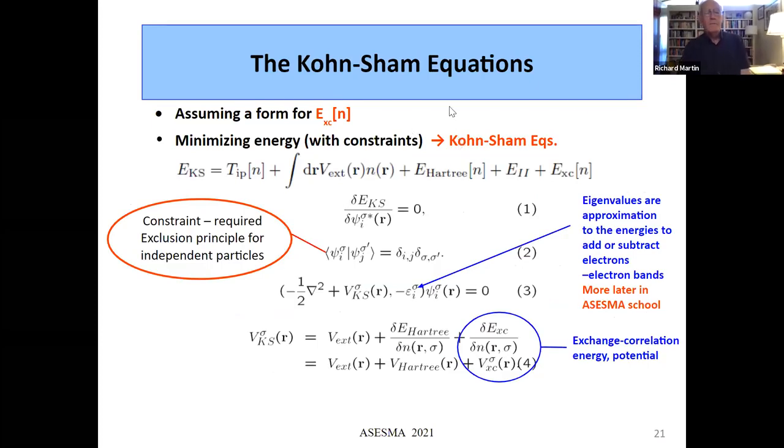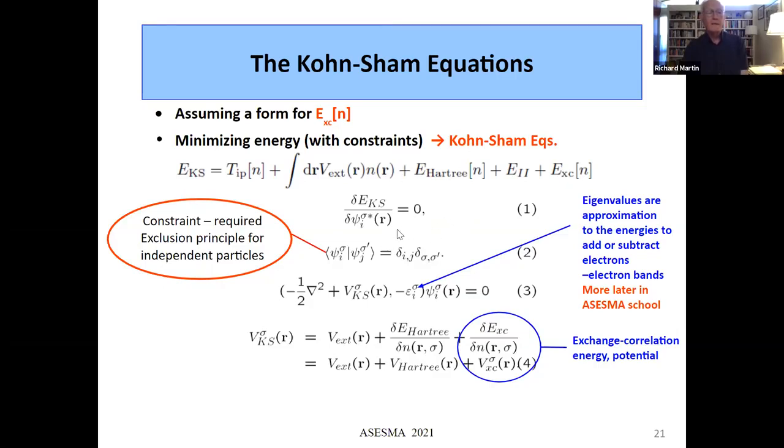And how do you actually deal with it? Since it was oriented toward the ground state, the appropriate approach is to minimize the energy with respect to all the variables in the problem. In this case, the variables are the independent particle wave functions for this auxiliary system. The idea is that you would minimize the energy with respect to all these wave functions.